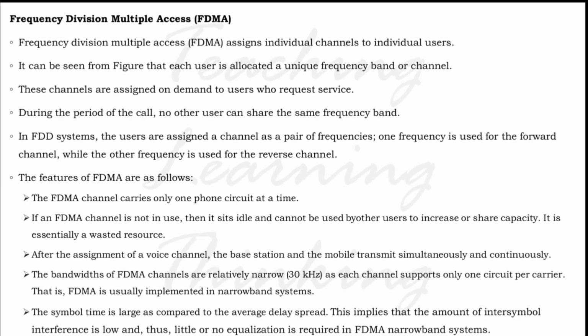The symbol time is larger compared to the average delay spread, and this implies that the amount of inter-symbol interference is low, and thus little or no equalization is required in an FDMA narrowband system. I think we will discuss delay spread in more detail in another section, and you can remember this point while writing your exam.